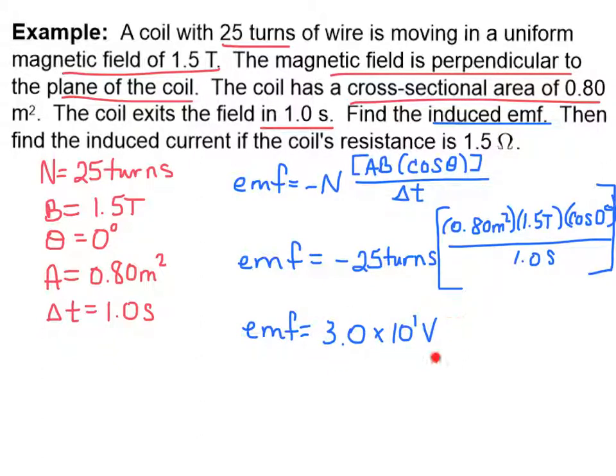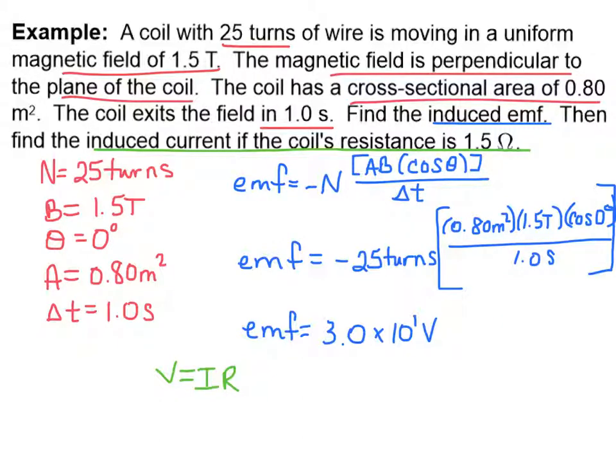And remember, EMF is essentially potential difference. It's expressed in volts. The second part of the question now is find the induced current if the coil's resistance is 1.5 ohms. Remember that equation? V equals IR. You can rearrange that any way you want. I equals V over R, or R equals V over I, but I remember it V equals IR.